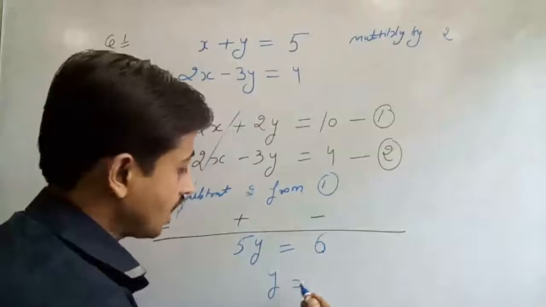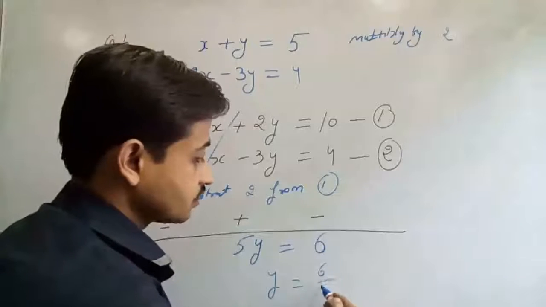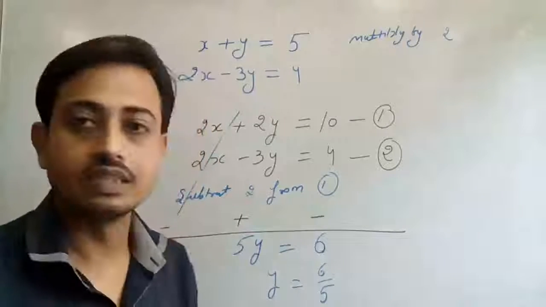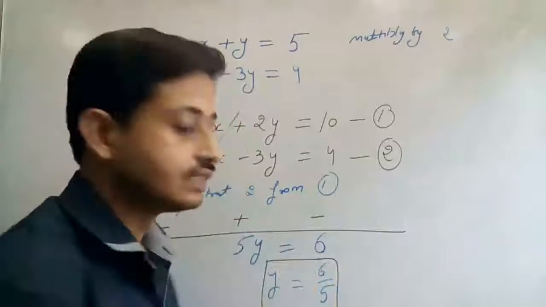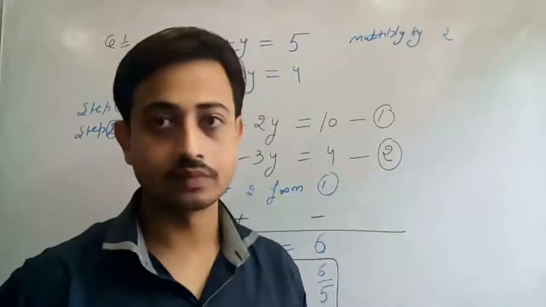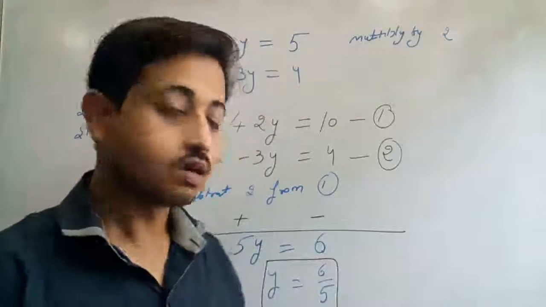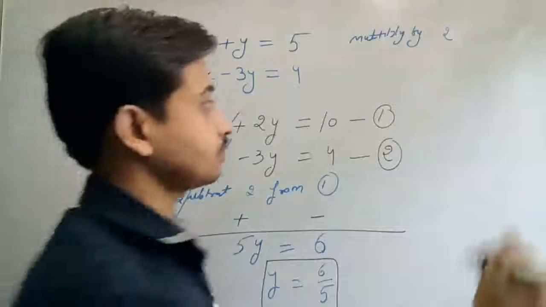Now what's the value of y? You have to take this 5 on the right hand side. 6 by 5. Y is equal to 6 upon 5. This is the value of y. Now next step, we have to get the value of x.